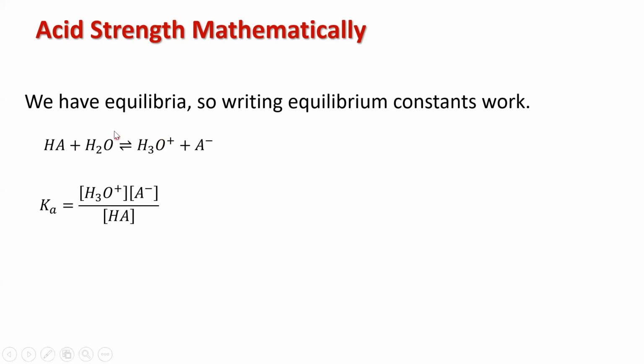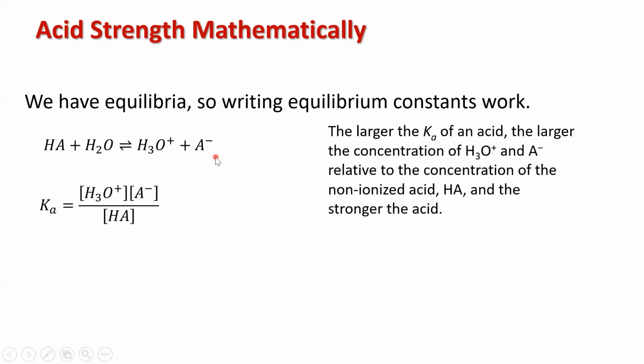But remember again, water is a liquid. We don't include liquids in our K expression. So this would be our equilibrium expression for this weak acid. The larger K is, the more the forward reaction proceeds. So we're going to have more hydronium and more conjugate base. So the acid is stronger.